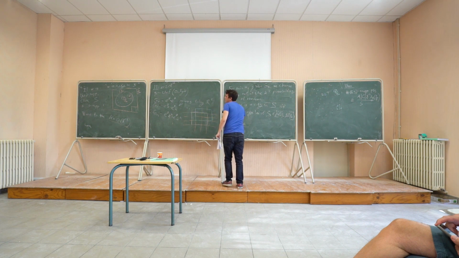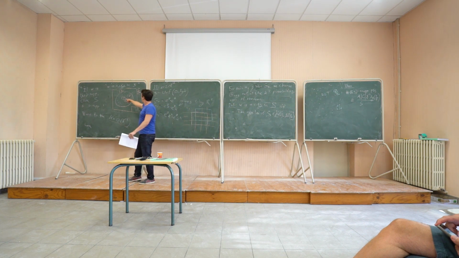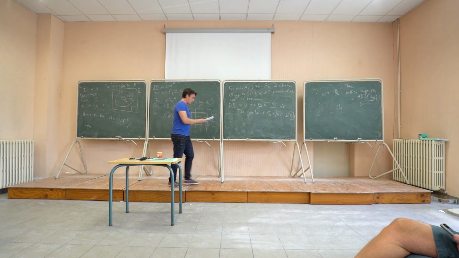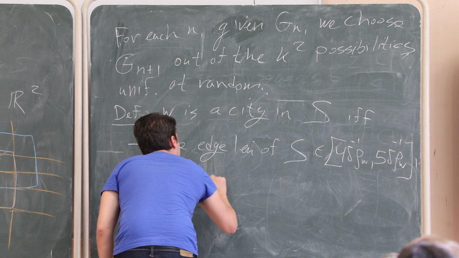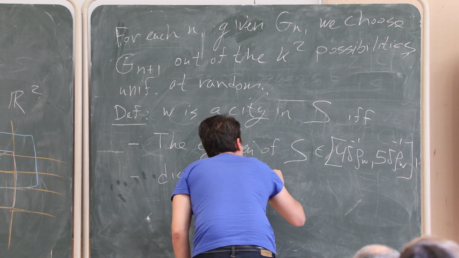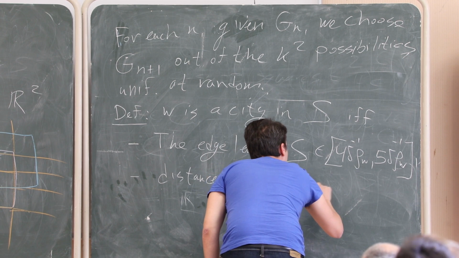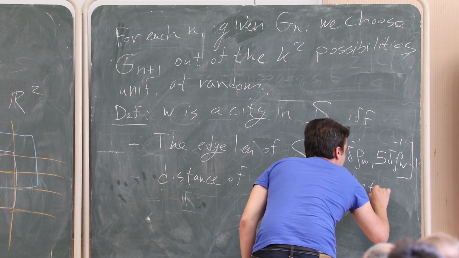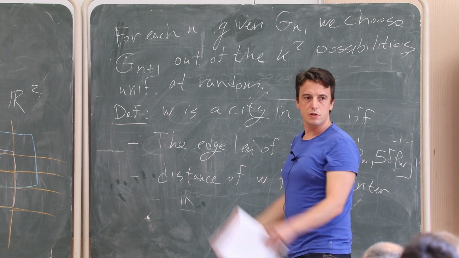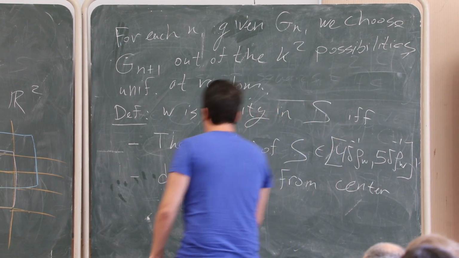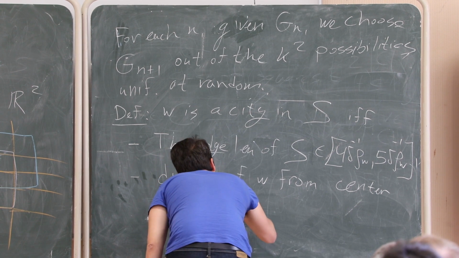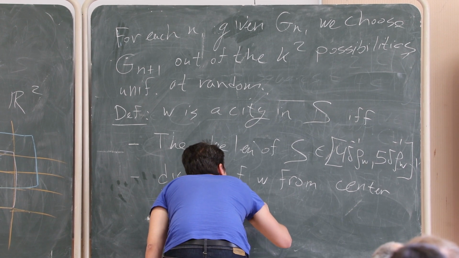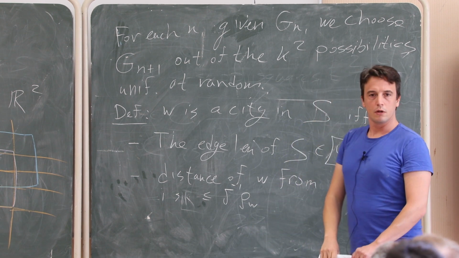And the second thing is that the point W has to be close to the center of the square. So the distance of W from the center of the square, the center of mass, just the middle of the square, is smaller than delta to the minus 1 row W. Okay?